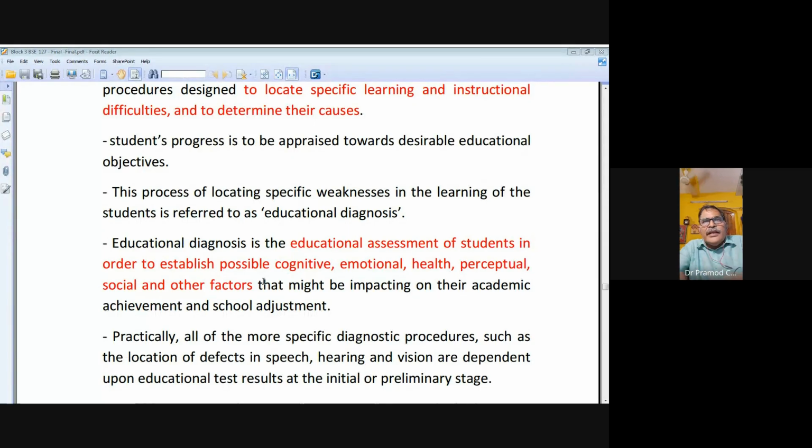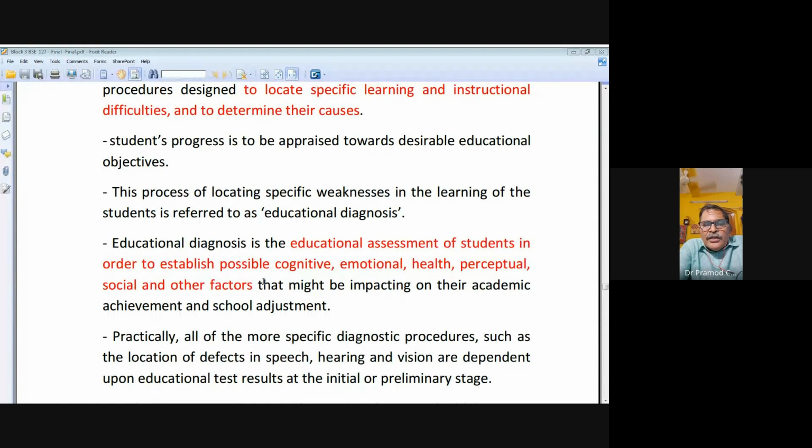So educational diagnosis is the educational assessment of students in order to establish possible cognitive, emotional, health, perceptual, social and other factors that might be impacting their academic achievement.